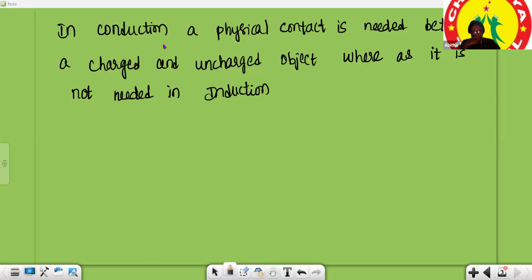Understand the two concepts, students, induction and conduction?